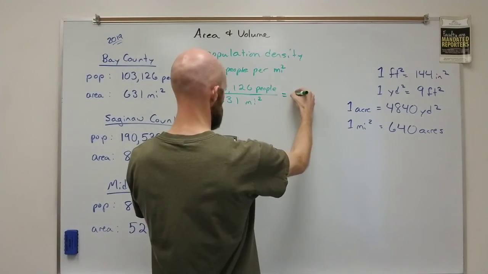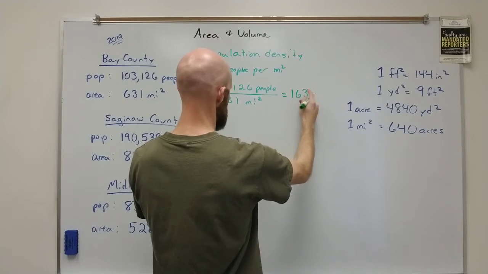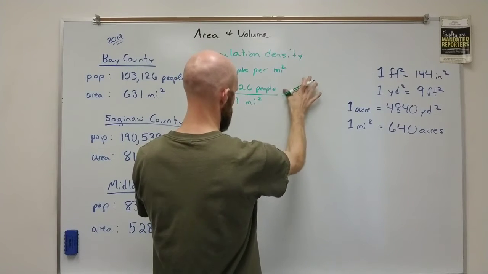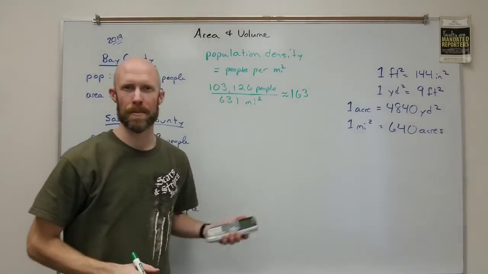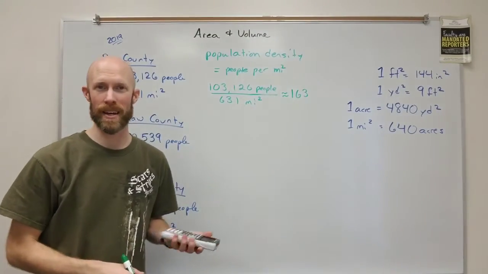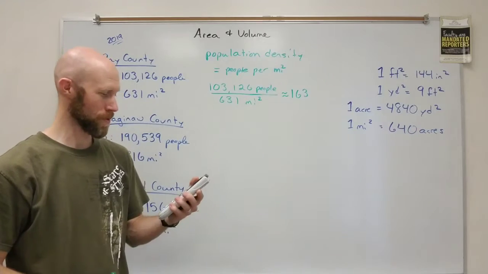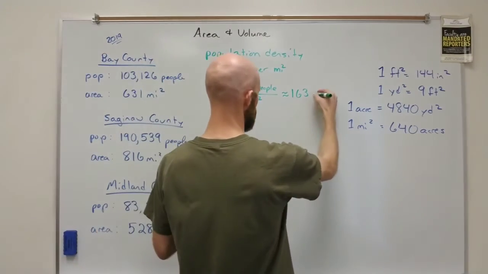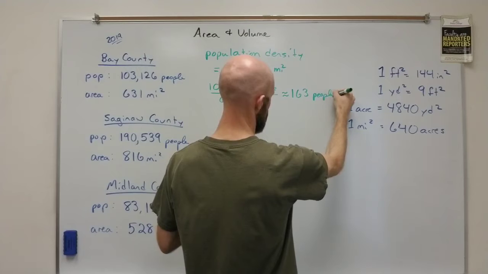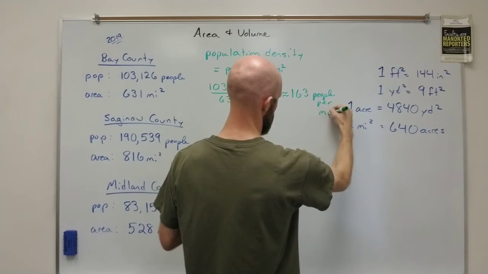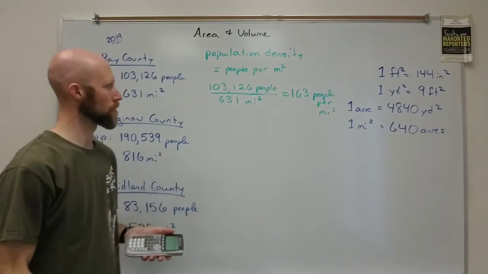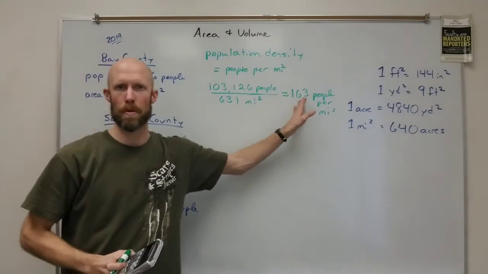And we get about 163, we'll round to the nearest person because I don't want 0.4 people, a couple arms and a leg, I don't know. We'll go with 163 people per square mile. So in Bay County, you got 163 people per square mile.